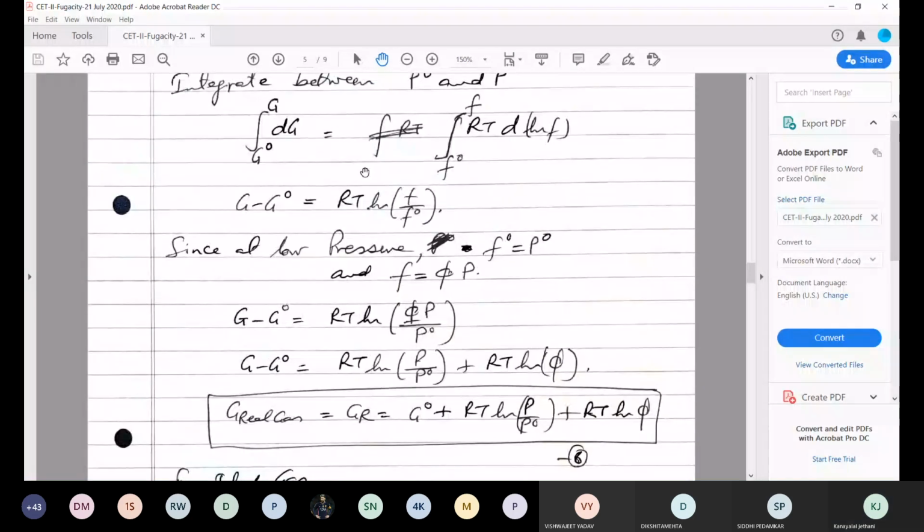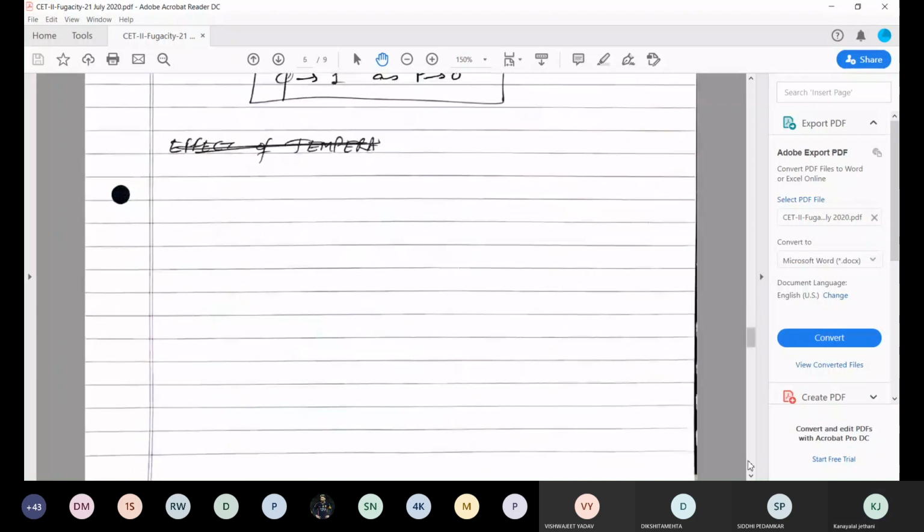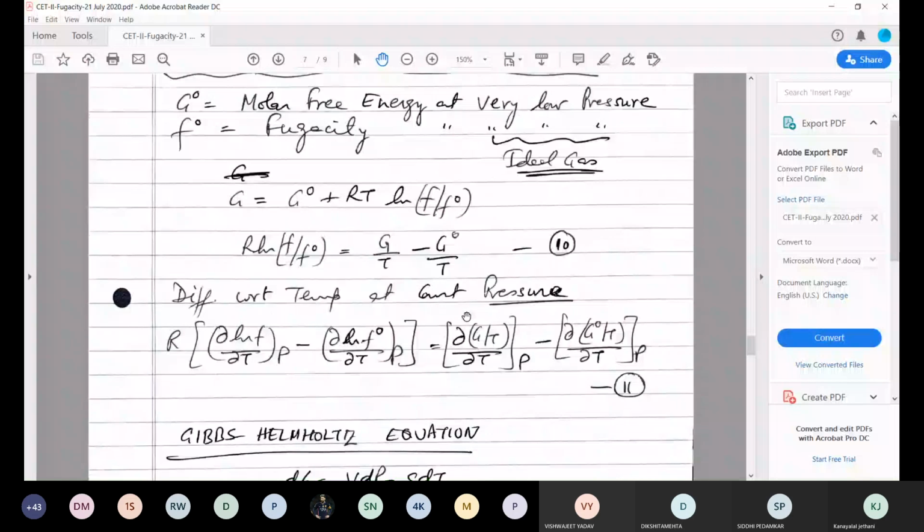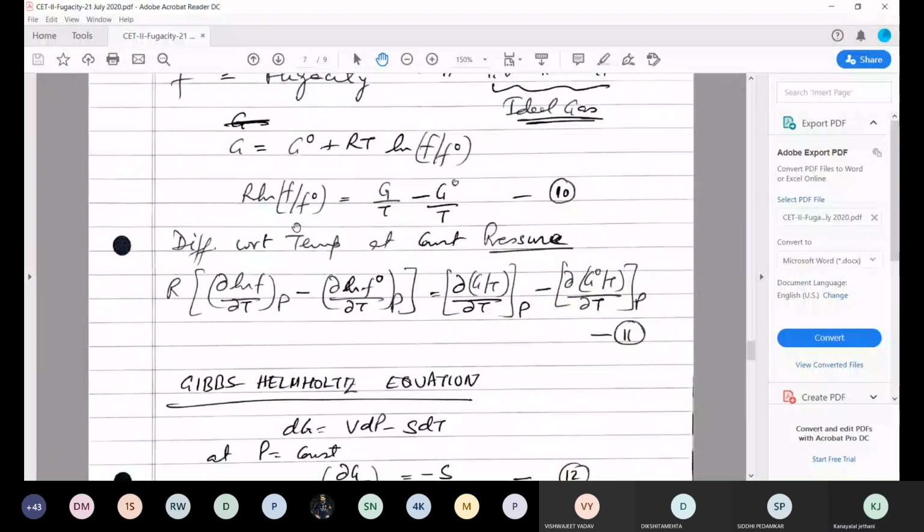This one, right? G is equal to G0 plus RT ln F by F0. ठीक है? So we can write same thing as R ln F by F0 is equal to, T यहाँ पर लाया हमने, G by T minus G0 by T.